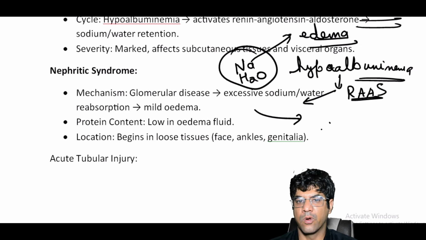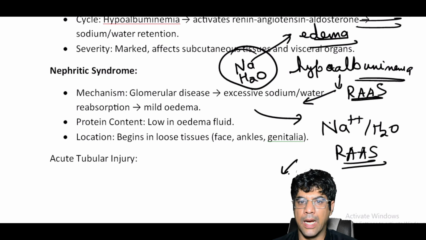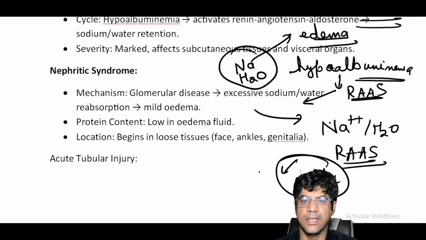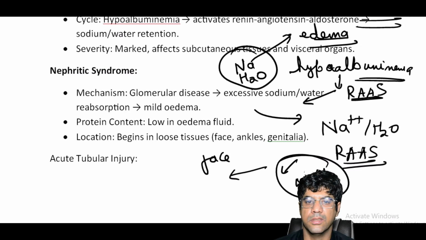Instead it is caused by the kidney resorbing too much sodium and water due to activation of the RAAS system. This edema would be milder, and it will appear in loose tissue like the face, around the eyes, ankles, etc.